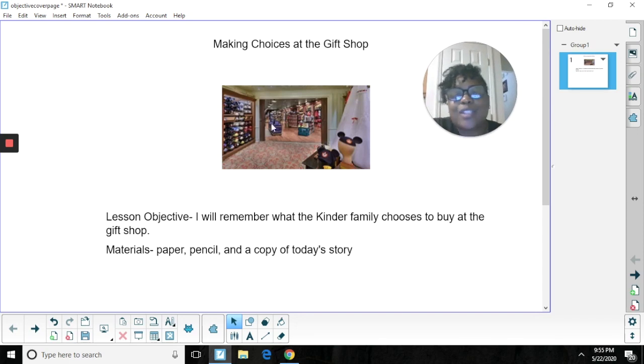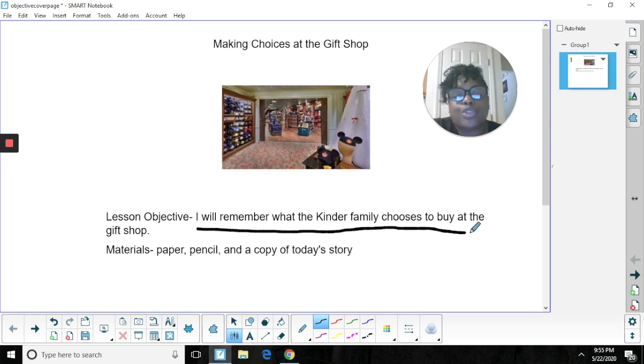Okay, and as you can see here, we have a picture of a gift shop. This is our lesson objective here, and it says, I will remember what the Kinder family chooses to buy at the gift shop. What are the materials that you're going to need?